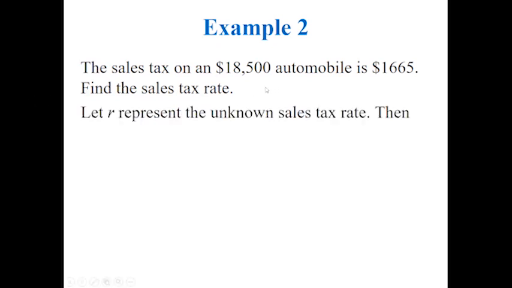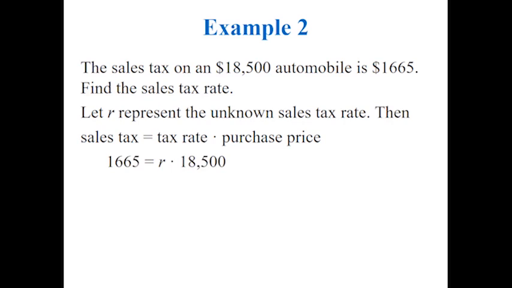So let's let R represent the unknown sales tax rate. Recall that sales tax is the tax rate times the purchase price. Plugging things in, the sales tax is $1,665.